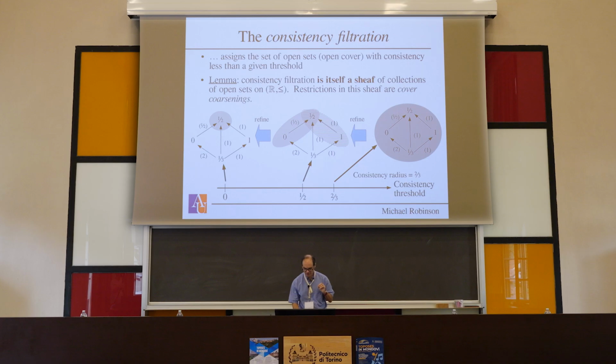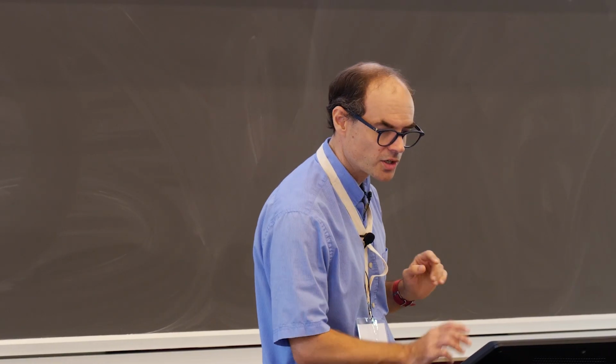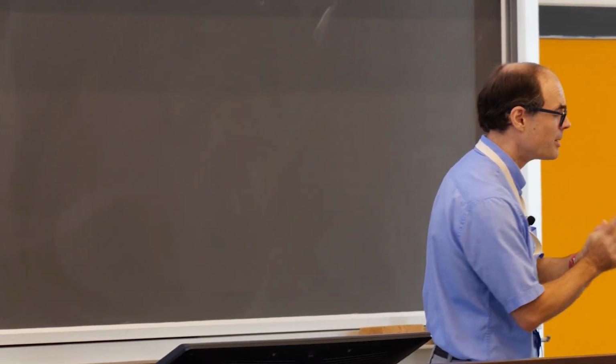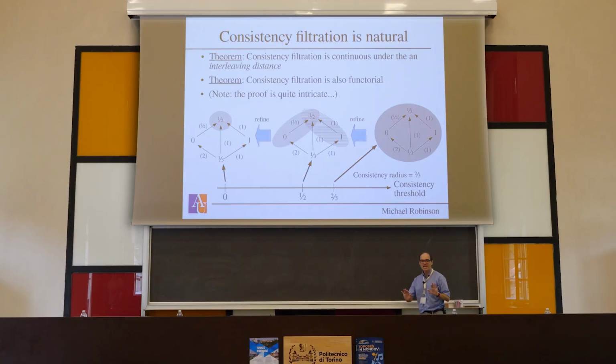But interestingly enough, not only is this functorial, it's also continuous itself. Remember, the consistency radius is continuous. If I vary the assignment by a small amount, or I vary the sheaf by a small amount in the appropriate topology, the consistency radius varies by a similar small amount. That's why minimizing consistency radius is a reasonable thing to do.